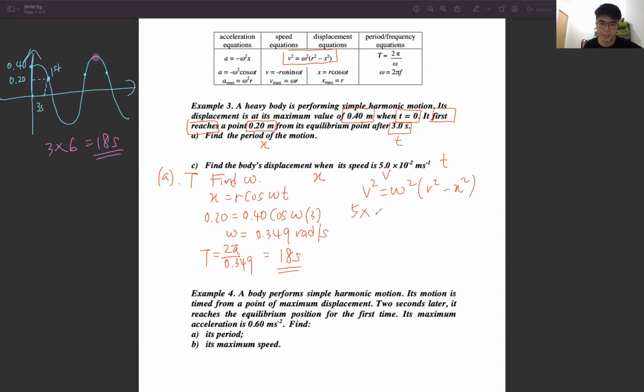Okay, so 5 times 10 to the -2 equals omega, 0.349, squared, and then 0.40 squared minus x squared. If you solve for this one, we get x equals 0.373 meter. The rest I let you try.